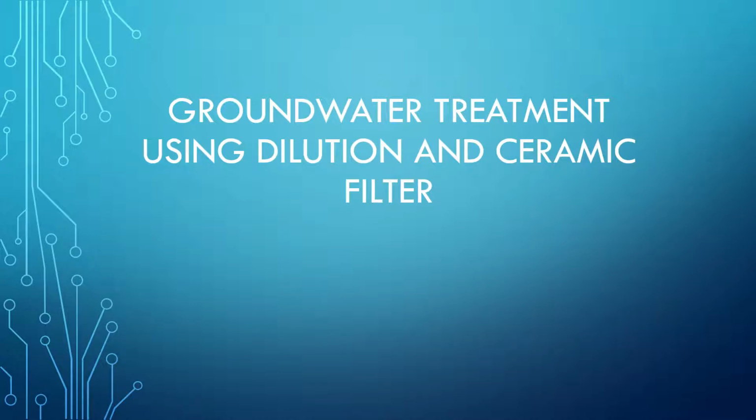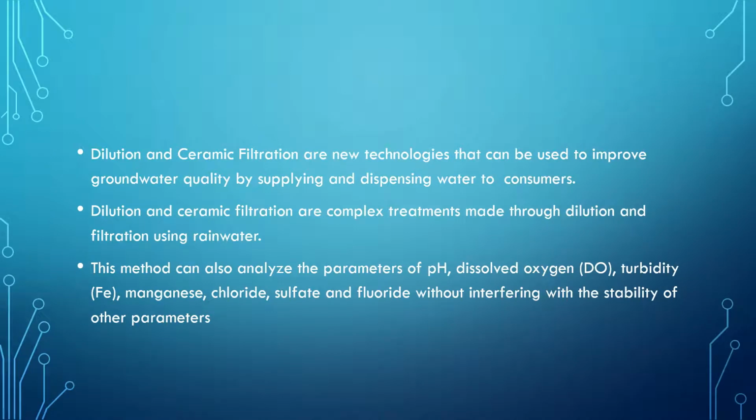Groundwater treatment using dilution and ceramic filter. Dilution and ceramic filtration are new technologies that can be used to improve groundwater quality by supplying and dispensing water to consumers. Dilution and ceramic filtration are complex treatments made through dilution and filtration using rainwater.